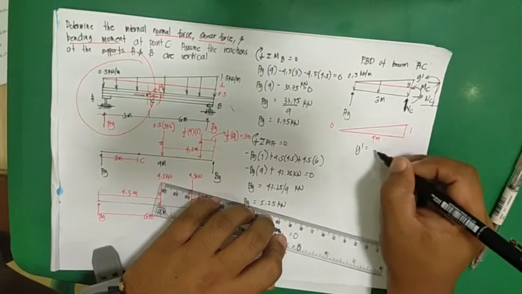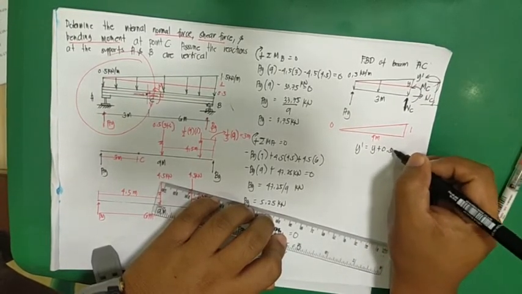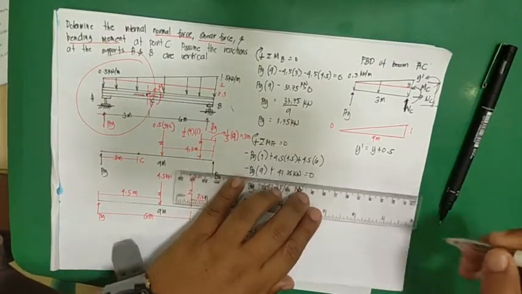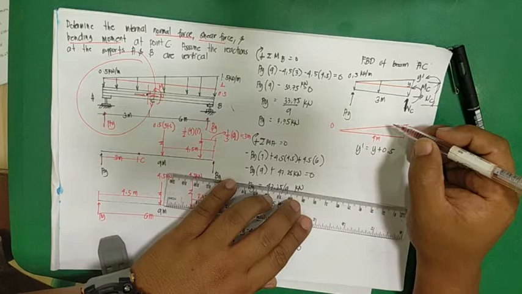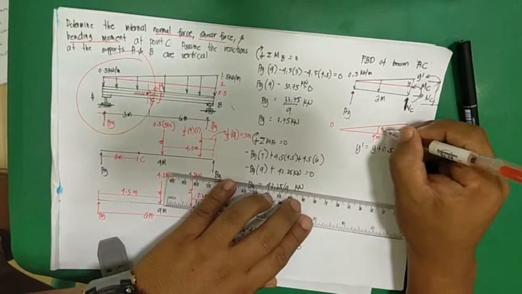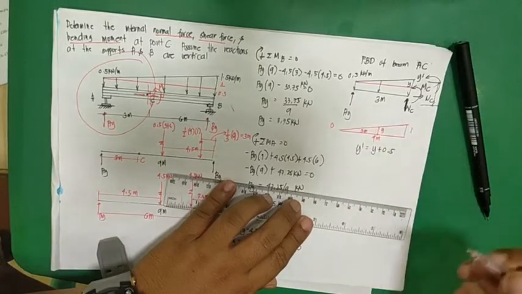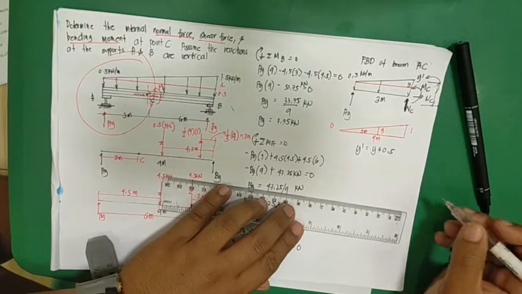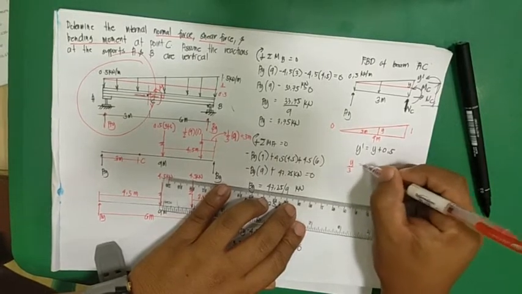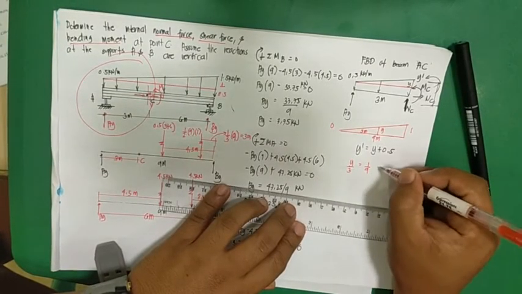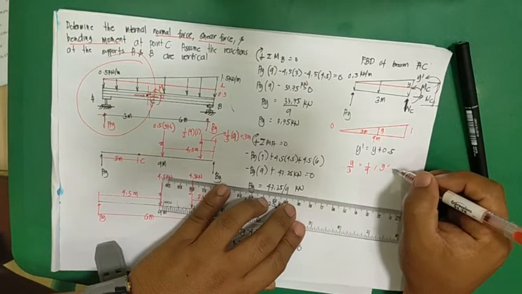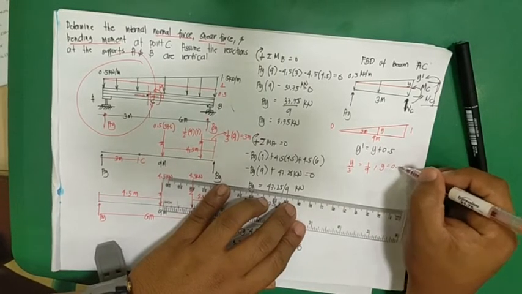Y bar is Y plus 0.5. And of course, to do that, this is Y and this is 3 meters. So, Y is to 3 is equal to 1 is to 9. Y is 0.3.